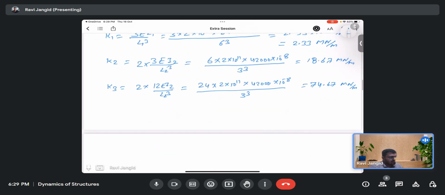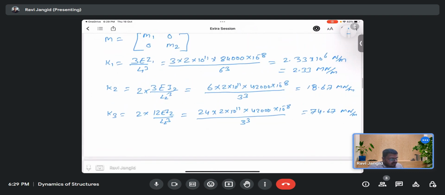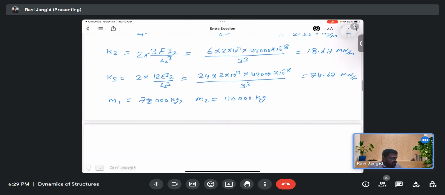Okay, and the masses you have been given: m1 is 72,000 kilogram and m2 is 110,000 kilogram. So our mass matrix is 72, 0, 0, 110 into 10 raised to power 3 kilogram.